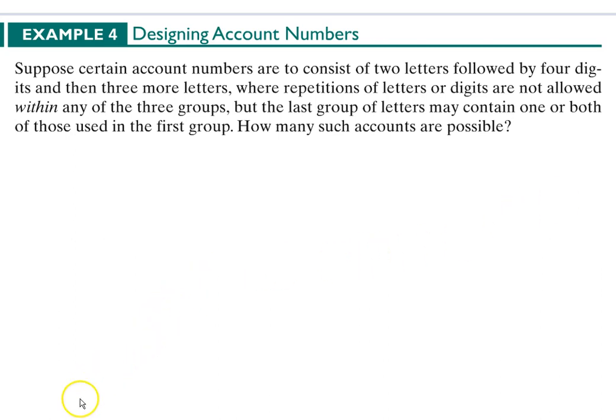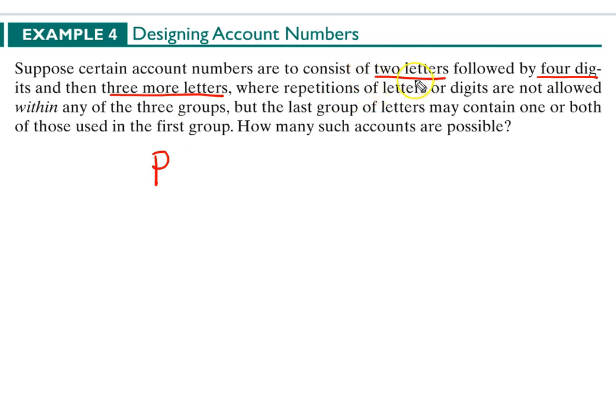Now, for example 4, take a moment to read it. So we have 2 letters followed by 4 digits, and then 3 more letters, where repetition of letters is not allowed. So is order significant here? Yes. So we're going to use permutation.